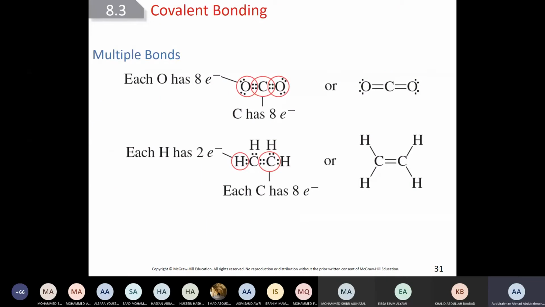Okay, let's look at CO2. That's CO2 now. What's the octet for oxygen? What's the octet for carbon? 4. Okay, now the other oxygen.